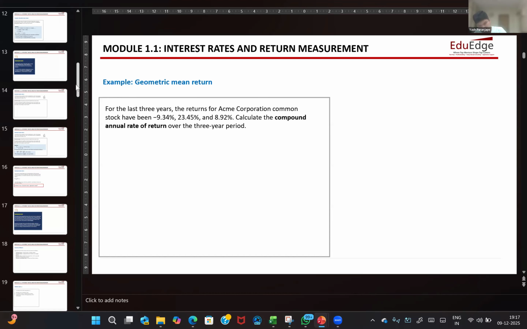So 1 minus 9.34. He will take a percentage value, right? So what will you do here? So 1 minus 0.0934.